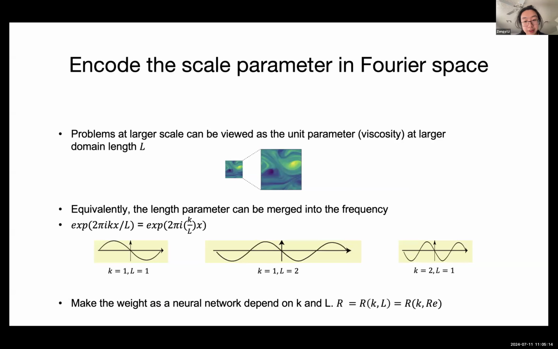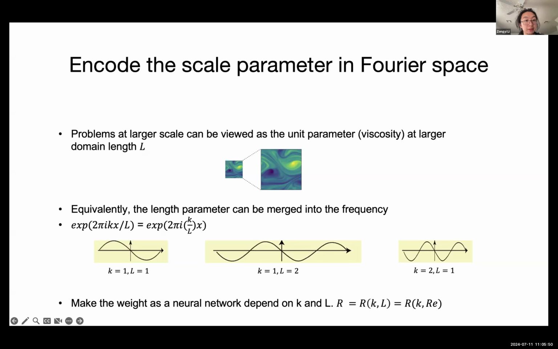But of course, if we run the fast Fourier transform, we may not be able to directly change the domain size. But scaling L is equivalent to scaling the frequency. For example, for the unit size L equals 1 and frequency equals 1. If we're evaluating a larger domain, say domain size equals 2, then k equals 1, L equals 2 is equivalent to k equals 2, L equals 1.